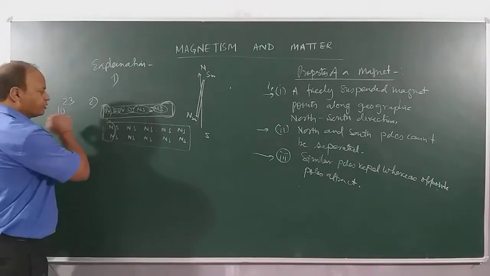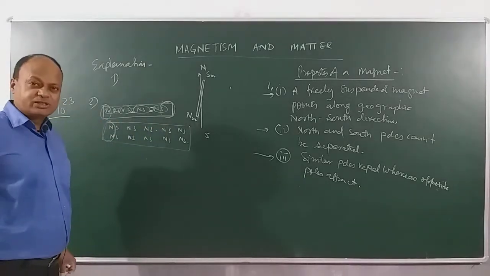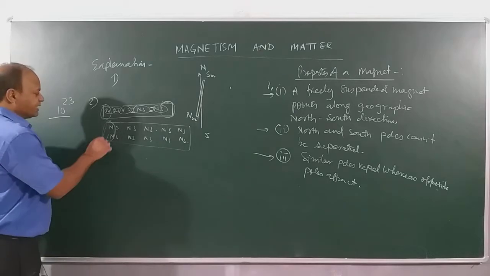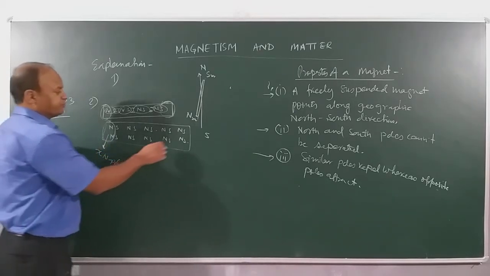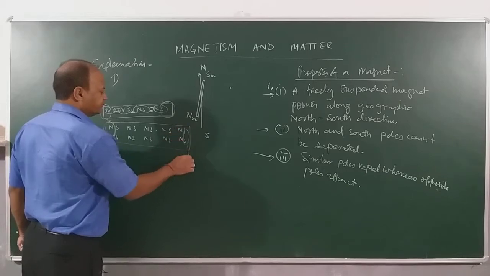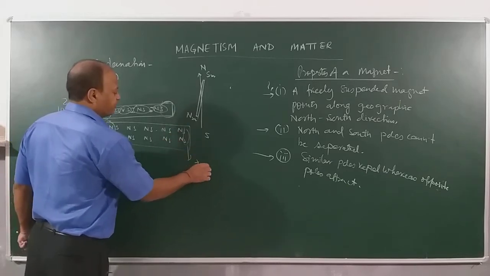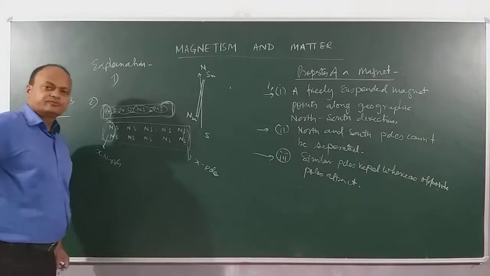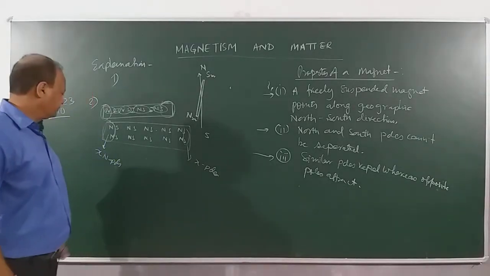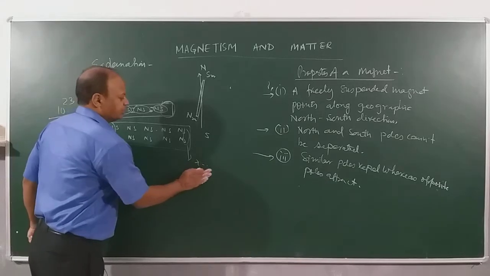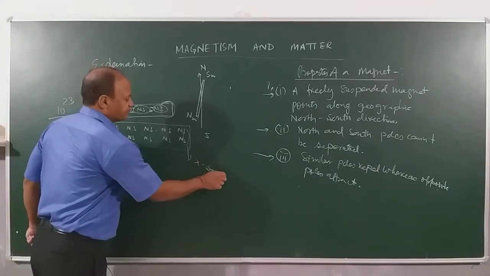But on this side I have only north poles left. Suppose I have X north poles on this side. Then how many unutilized south poles are left on the other side? X only will be left. There will be as many north poles as south poles. Clear? X south poles.